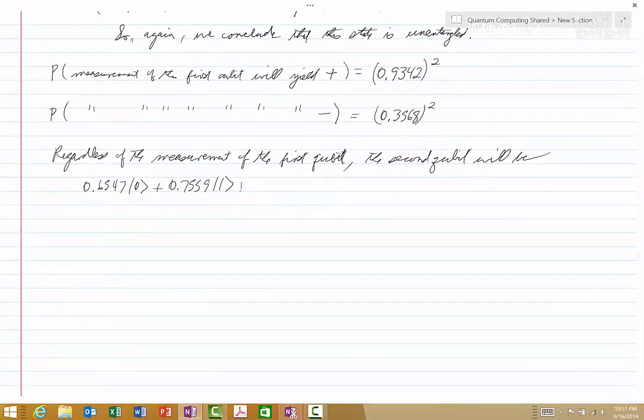And now we will see the very important difference when we measure one of the qubits of an entangled state.